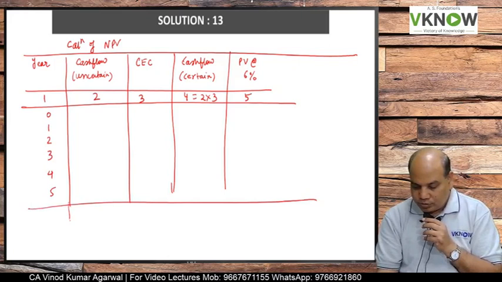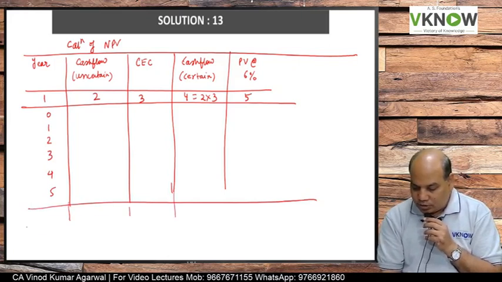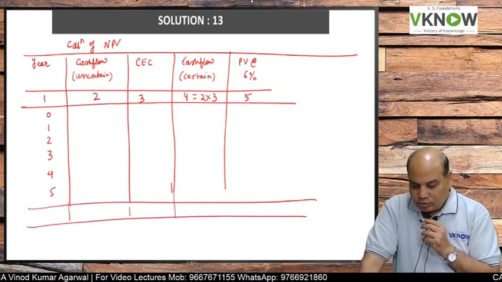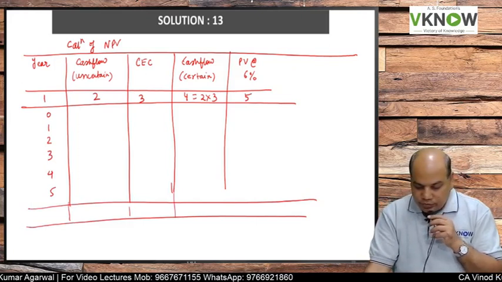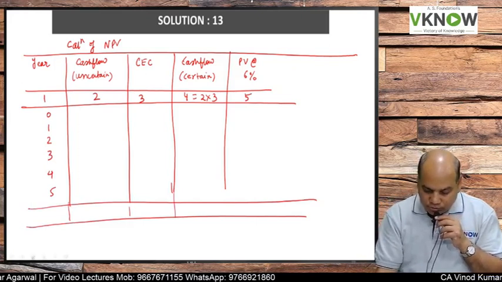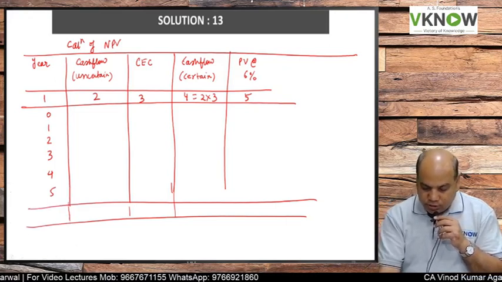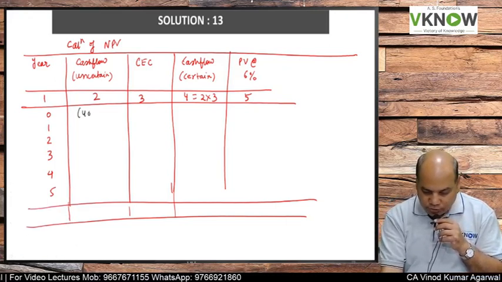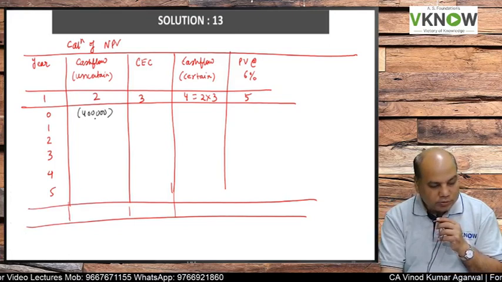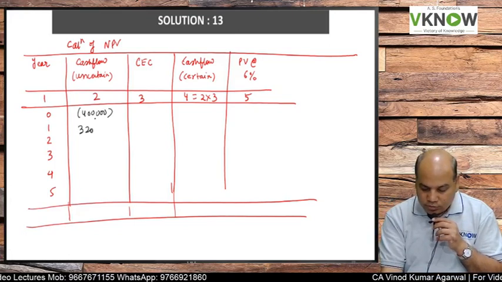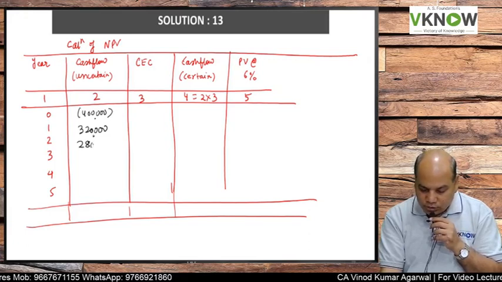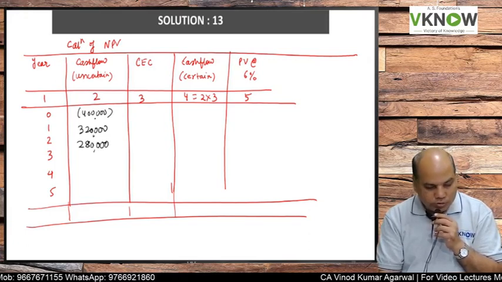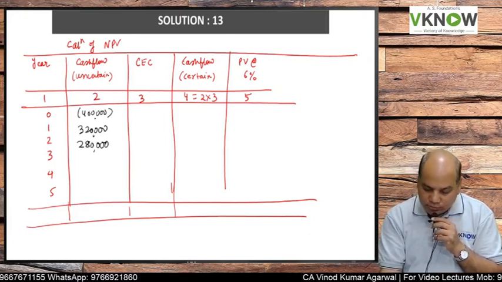Only for adding 2 extra columns you are getting marks. What more do you want in life? Year 0, copy from the book without any changes. Year 0 is 4 lakh. Please write it down in your own interest. This question is in your study material also.